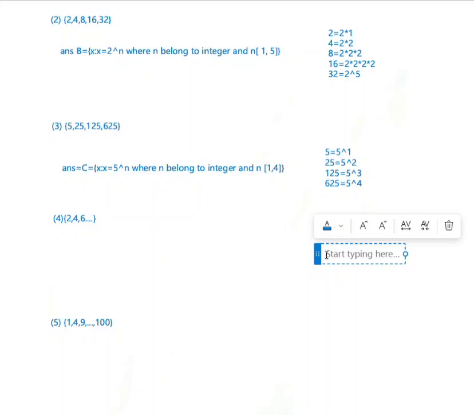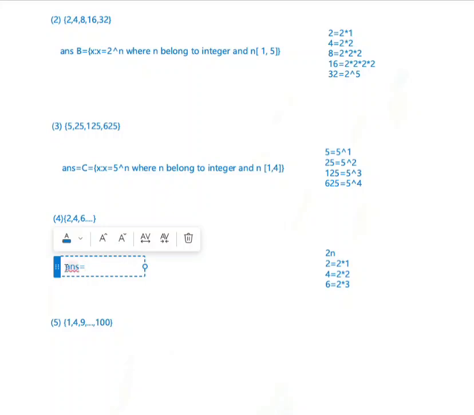And in the fourth question, 2, 4, 6, this is the table of 2. So what we have observed from here is that this is a multiple of 2. So we can observe this type of pattern. 2 we can write as 2 into 1, 4 as 2 into 2, and 6 we can write as 2 into 3. So this is the pattern. So this is the multiple of 2.